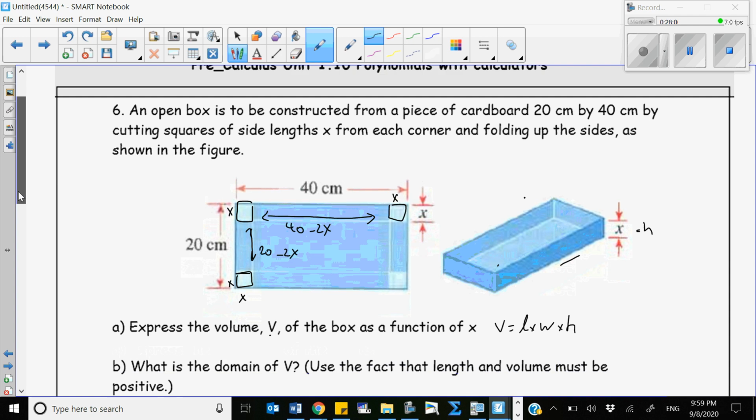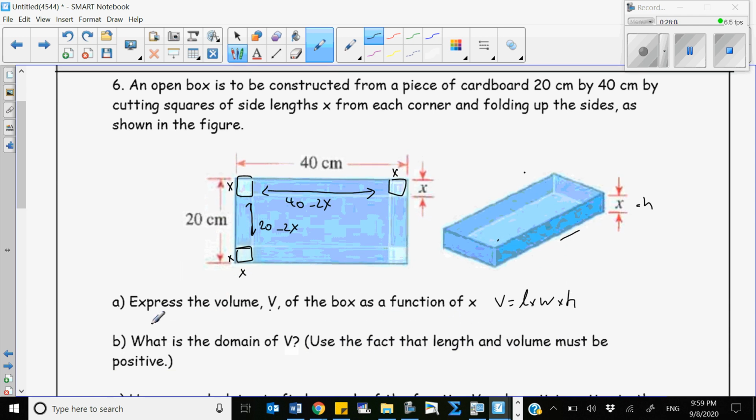Now I have all of them. Now the volume could be written as a function of x, like f of x, equal to length, which is 40 minus 2x, times width, which is 20 minus 2x, and the height, which is x. So that's my function.